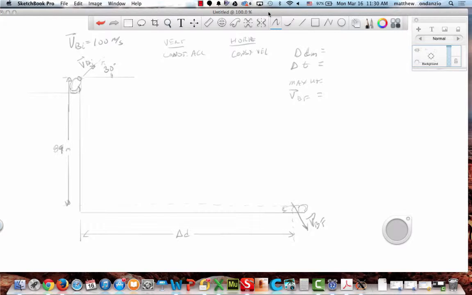Okay, right away, guys, when you know that, what do you know about the horizontal component of the velocity at the end? It's the same as it is at the beginning. If it's constant, the horizontal component of the velocity, because it's a constant velocity, that means it doesn't change.